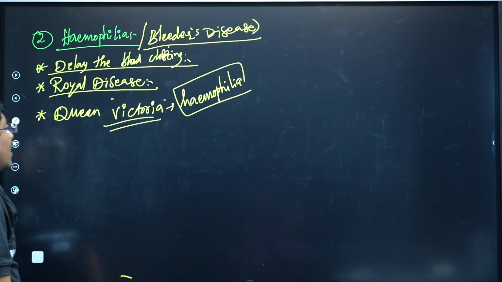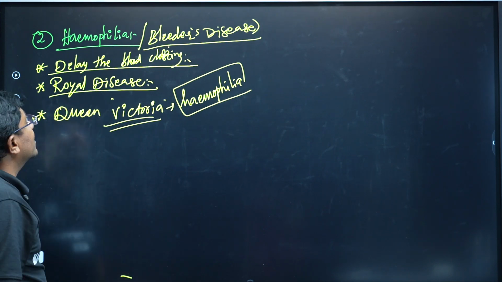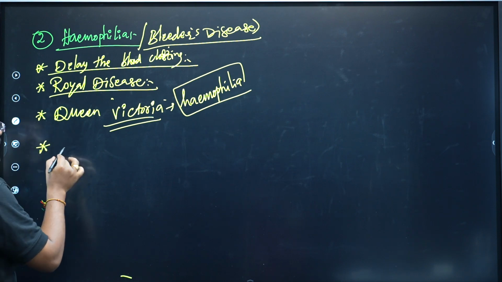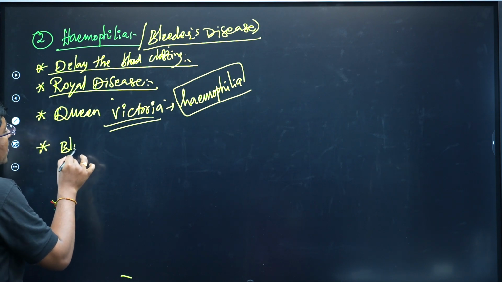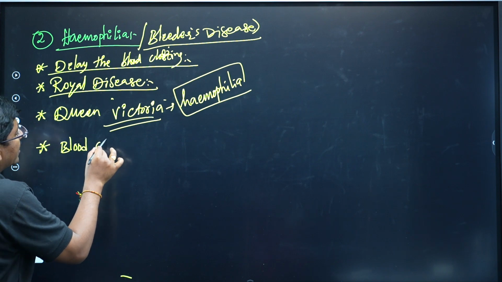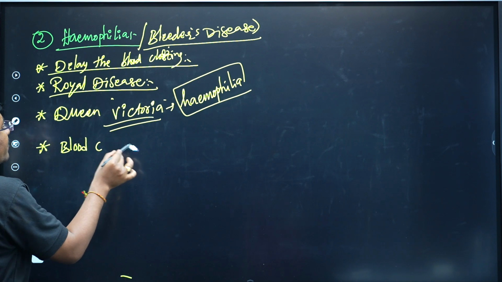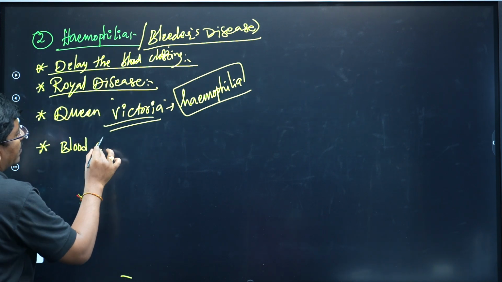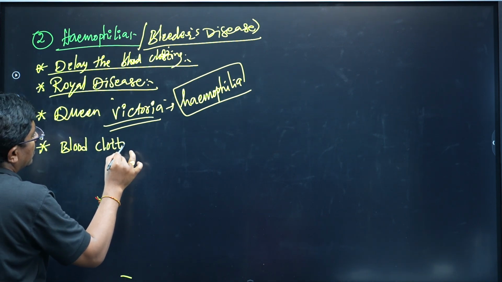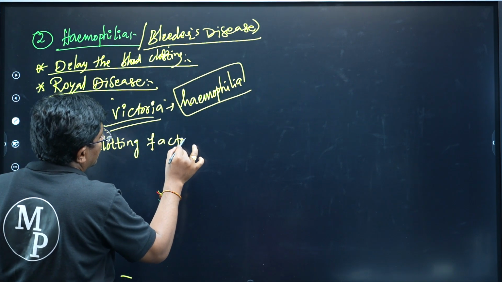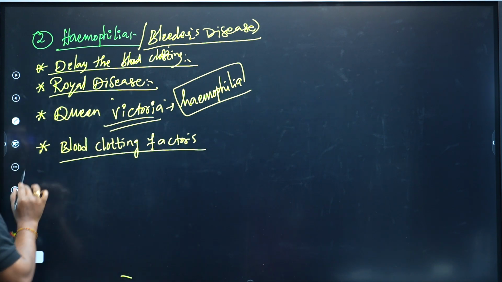Understood? So these are the important points. What is the major role in blood clotting? Blood clotting factors are important here. Blood clotting factors have a major role.